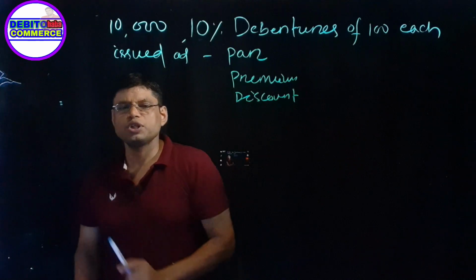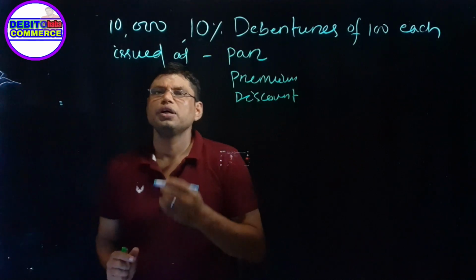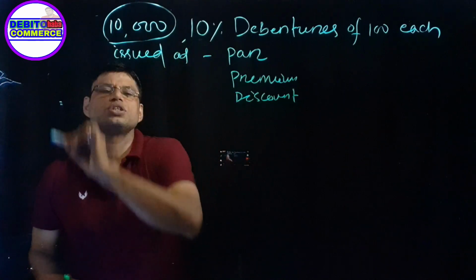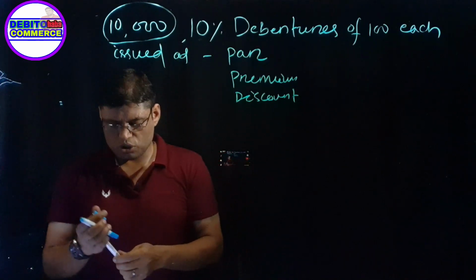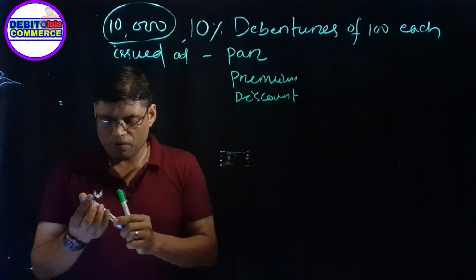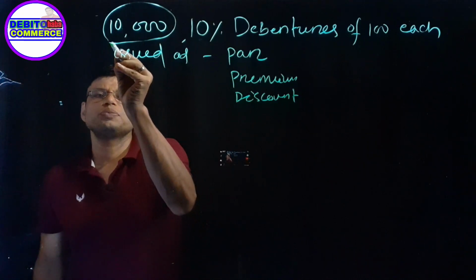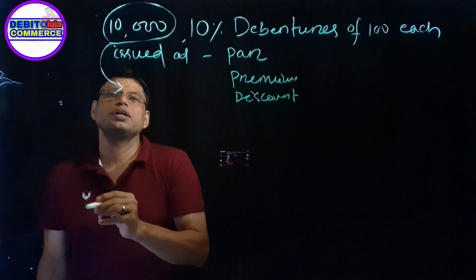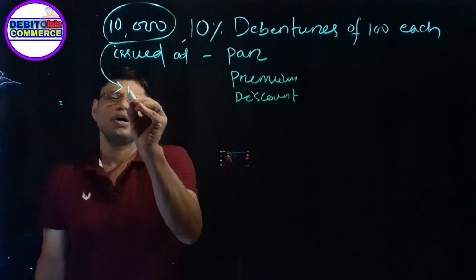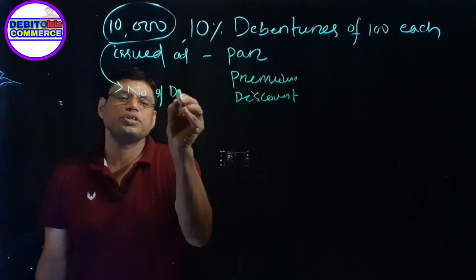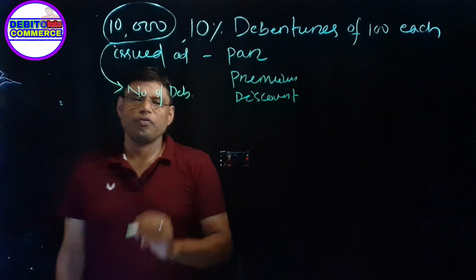Now what is the meaning of this particular statement? See, this particular 10,000 is the quantum of debentures. So we can say this 10,000 is known as the number of debentures, or quantum of debentures.